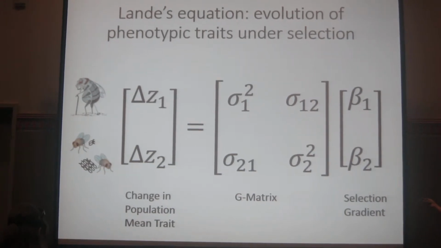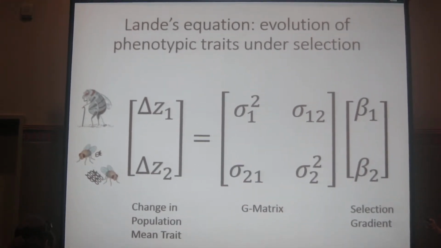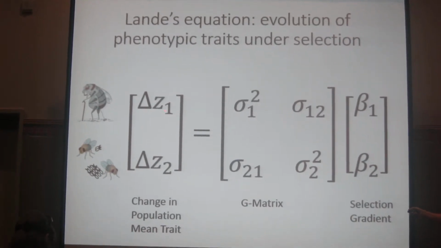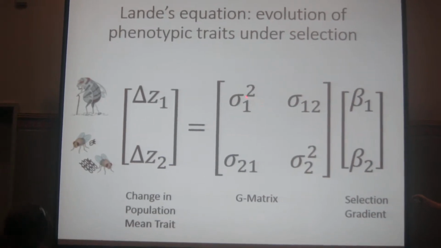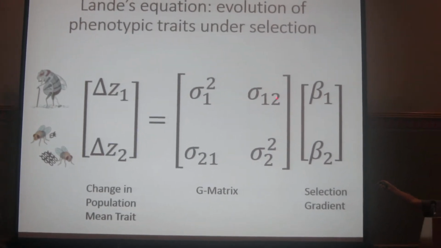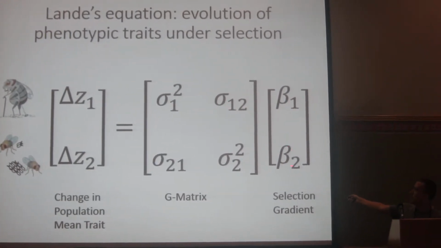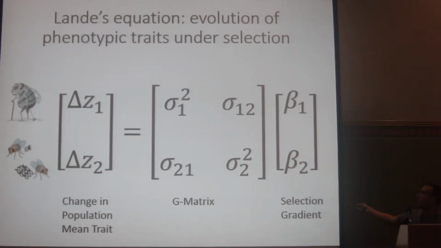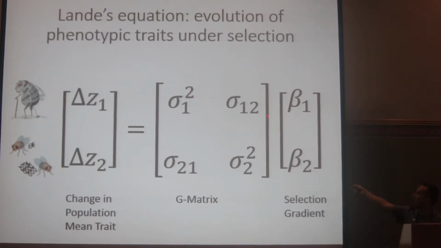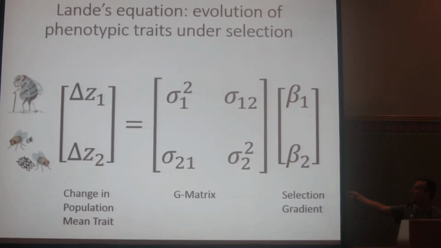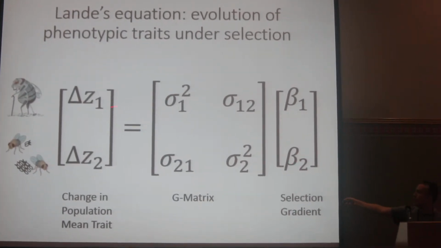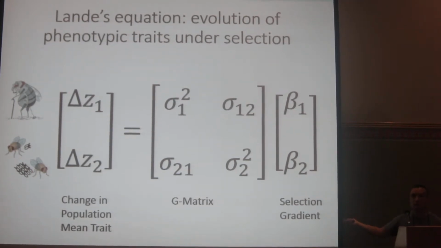What this equation tells us is that if we focus on the first trait, the change in the population mean of trait 1 is given by the amount of additive genetic variance in that trait multiplied by the amount of selection in that trait, plus the genetic covariance multiplied by the amount of selection in the second trait. And so the significance is that if we have negative genetic correlation between the two traits, that also means we have negative genetic covariance. So if there's any selection in the second trait, because this is negative, we'll actually have a reduced amount of change in the first trait, right?